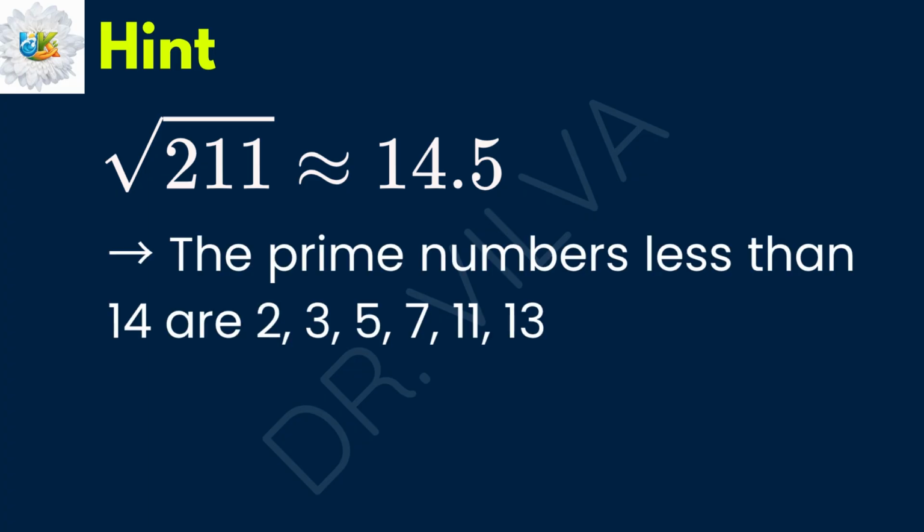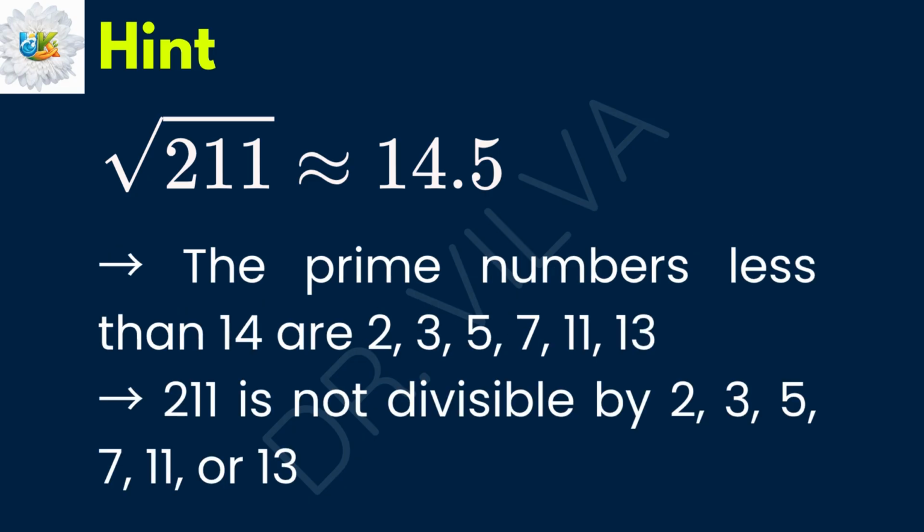The square root of 211 is approximately 14.5. We need to check the prime numbers up to 14 or 15. So, I have checked for 2, 3, 5, 7, 11 and 13. 211 is not divisible by these prime numbers.